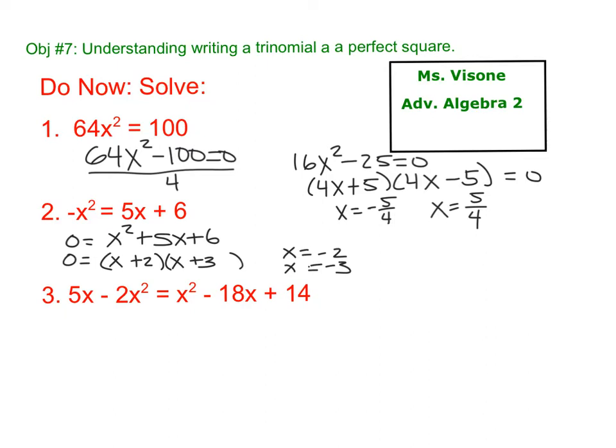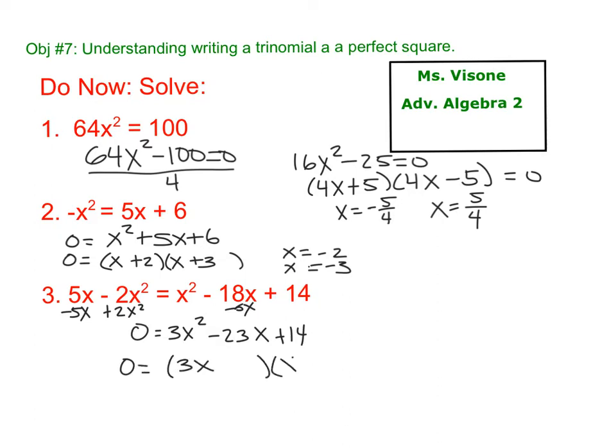And then the last one, I'm going to add 2x squared, so that gives me 3x squared minus 5x minus 23x plus 14. Alright, so this is a slide or do it in your head one.